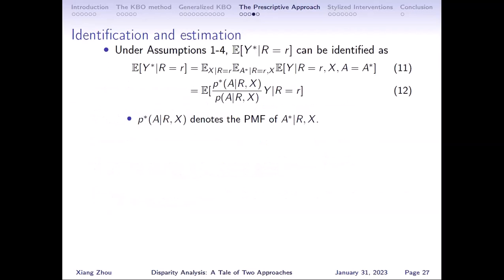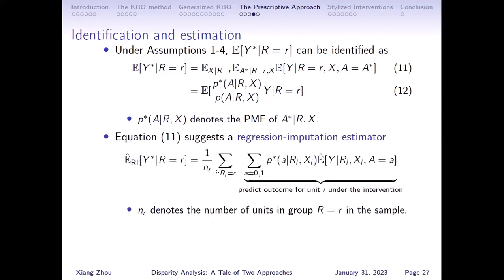Under these assumptions, we can write the race-specific mean outcome under the intervention as either equation 11 or equation 12. They're complicated equations, but they point to two distinct estimation strategies. Here, P star denotes the probability distribution of the treatment variable under the intervention.